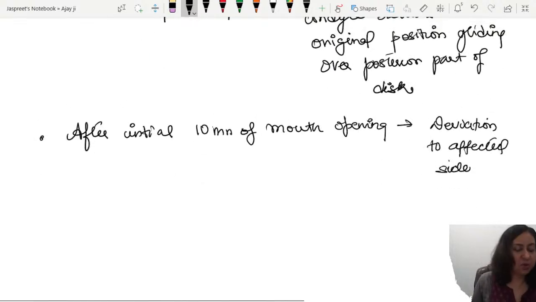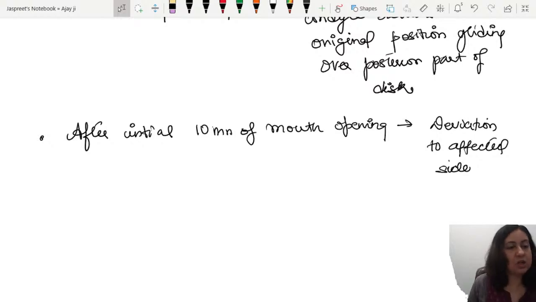Alright, there is deviation to affected side. Now I have explained the concept behind in which conditions deviation is towards the affected side and in which conditions deviation is towards the normal side in my class in detail. So I would want you to go and revise that concept also. Alright, so now we will go to our diagram.